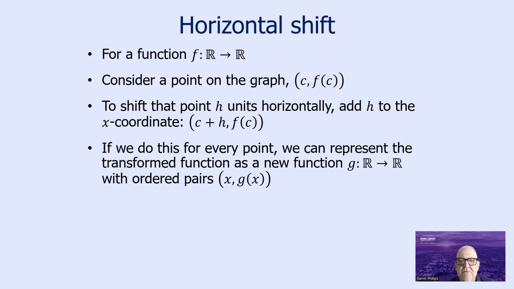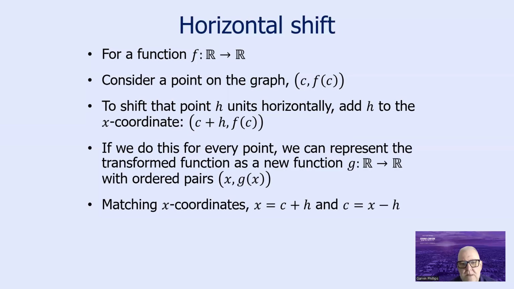If we do this for every point, we represent a transformed function as a new function. We'll label it g, not because of anything special, which is also on the reals, and they have the ordered pair of x and g of x. We've basically shifted horizontally our function.